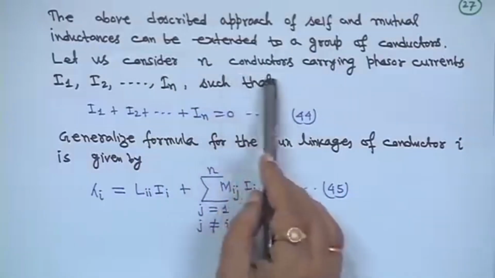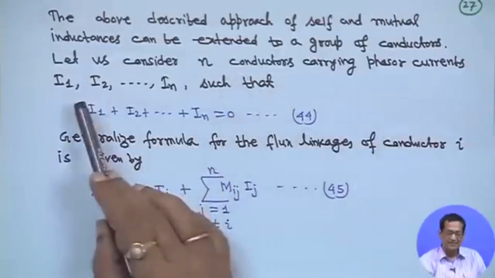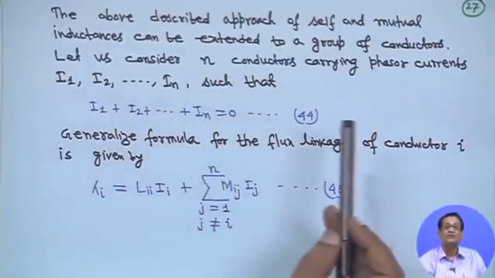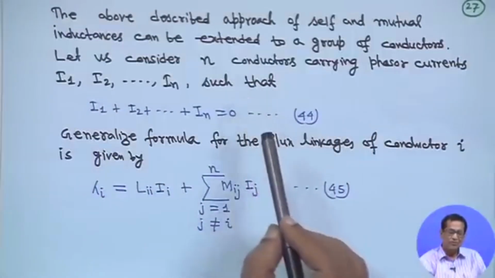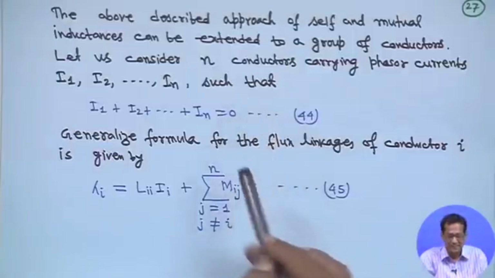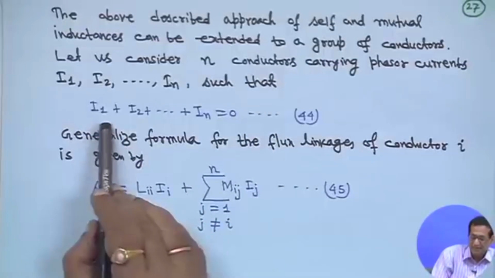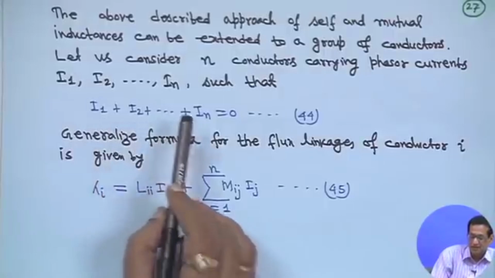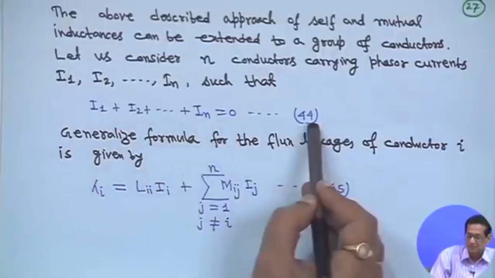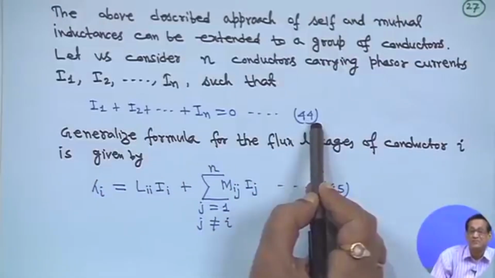Suppose let us consider n conductors carrying phasor currents I1, I2, In and so on. So, you have n number of conductors, and we can make it I1 plus I2 plus dot dot dot up to plus In is equal to 0. This is equation 44, right.